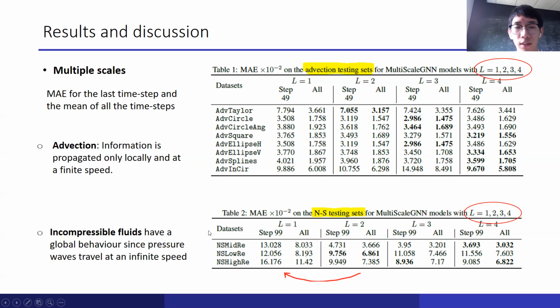The reason is the incompressible fluid has a global behavior due to the pressure. The pressure wave travels at an infinite speed. So the multiscale, the low resolution graph will help to learn the characteristics and achieve much lower error here.